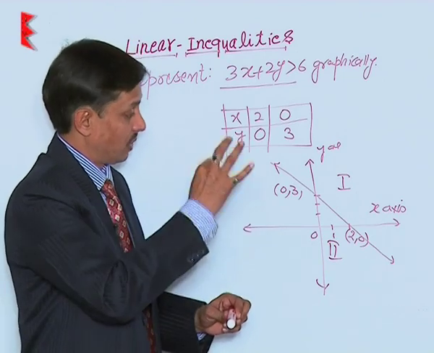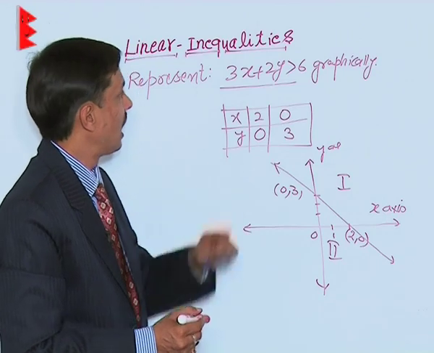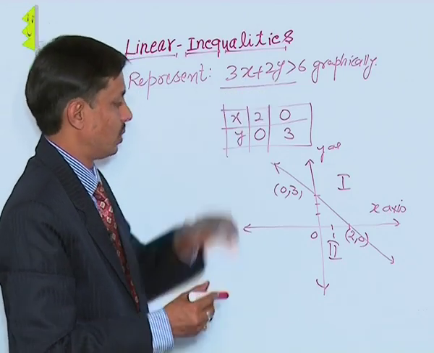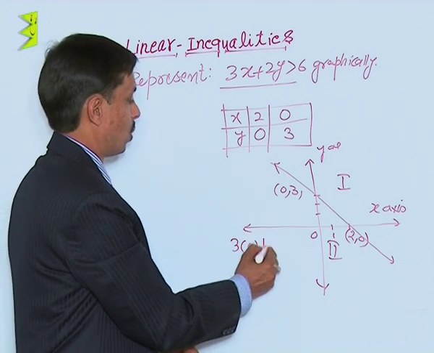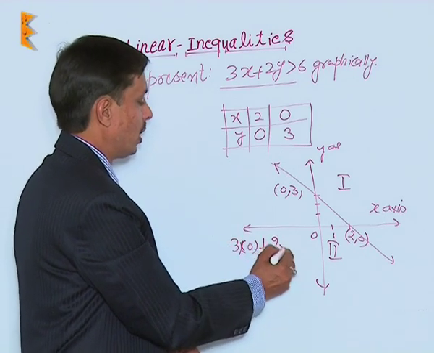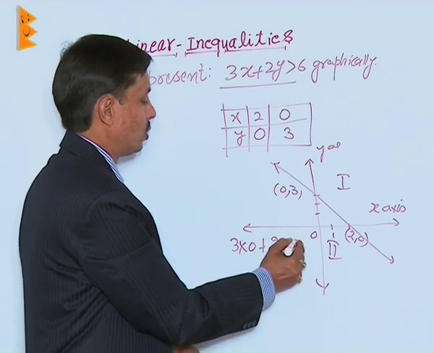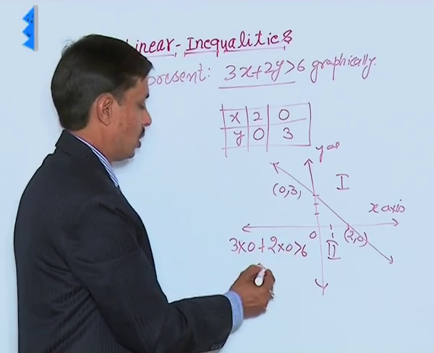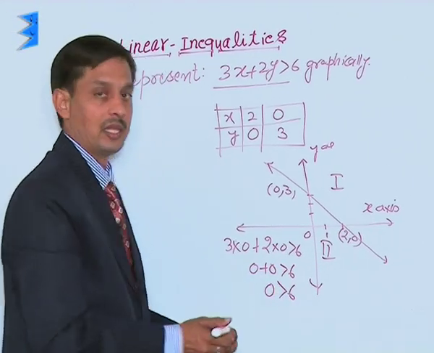To check in which direction the solution set is going, I have to put (0, 0). So if I put 0, 0, this will be 3 into 0 plus 2 into 0 is greater than 6. 0 plus 0 greater than 6. 0 is greater than 6.